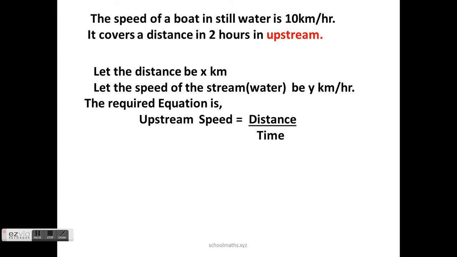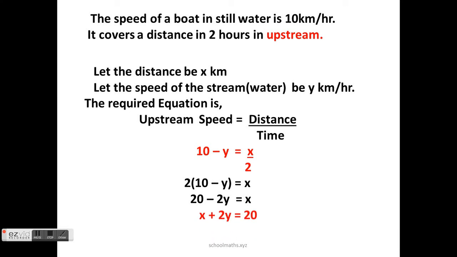So what will be the upstream speed? Speed of the boat is 10, speed of the stream is y. So 10 minus y, that is the upstream speed. Distance is x, time is 2, cross multiplying, simplifying. So the equation is x plus 2y equal to 20.